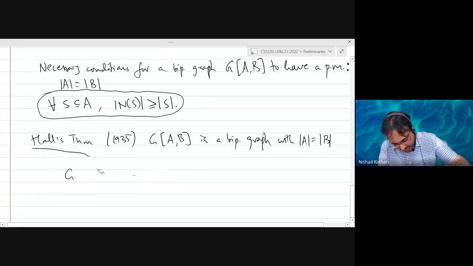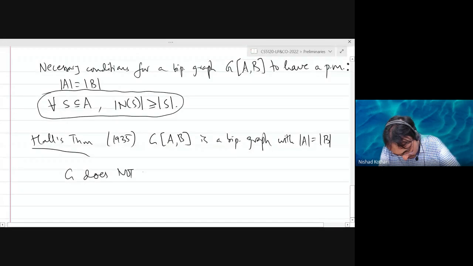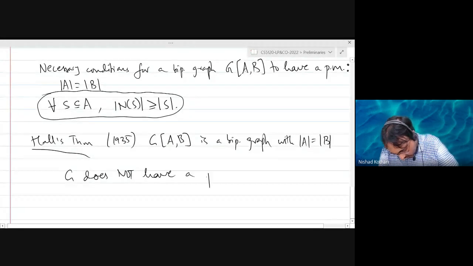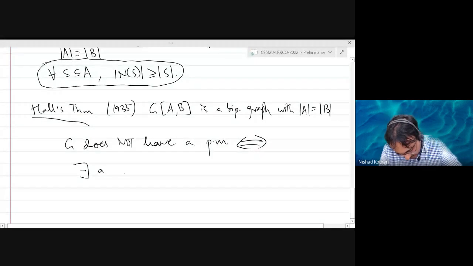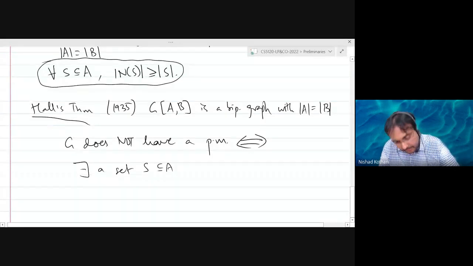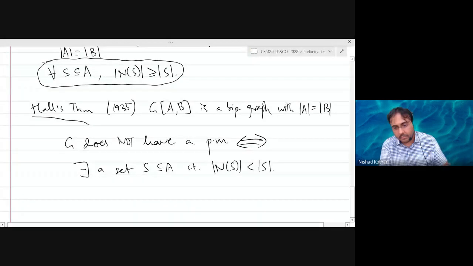I'll state it as: G does not have a perfect matching if and only if there exists a set S subset of A such that the neighborhood of S is smaller than the size of S.